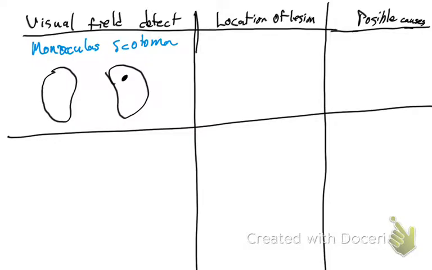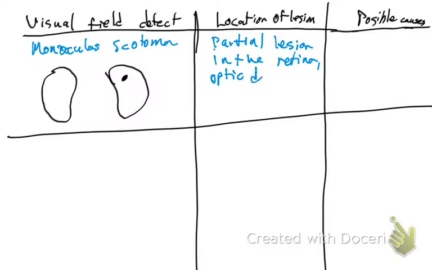Monocular scotoma is a partial lesion in the retina, optic disc, and optic nerve.